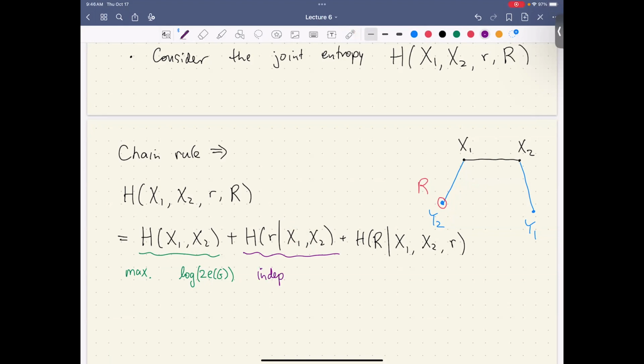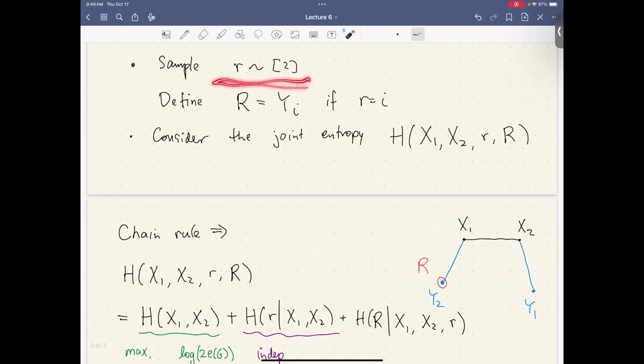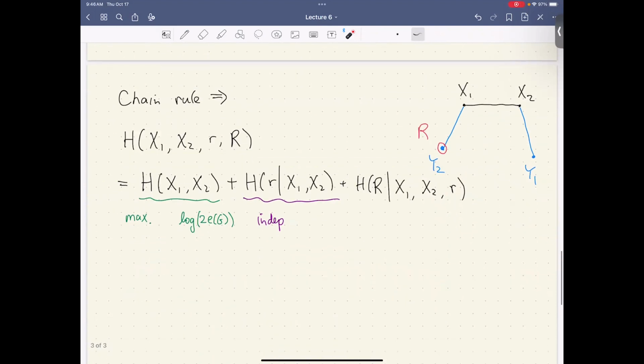This entropy is just the entropy of a balanced Bernoulli random variable, uniformly distributed over a set of size 2. By independence and normalization, the entropy equals 1.